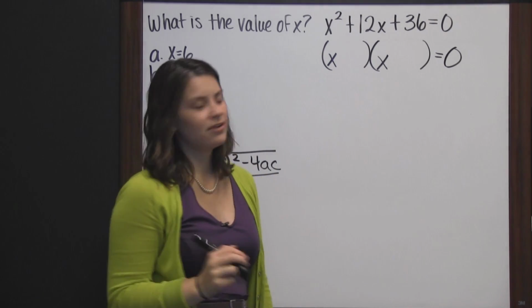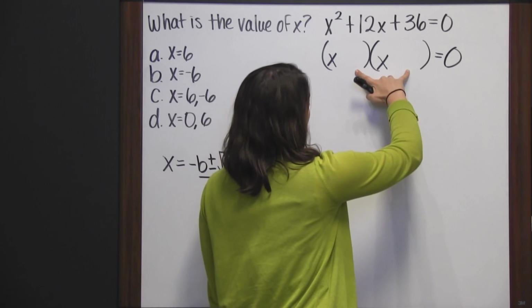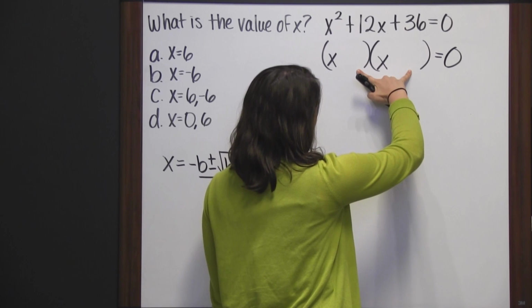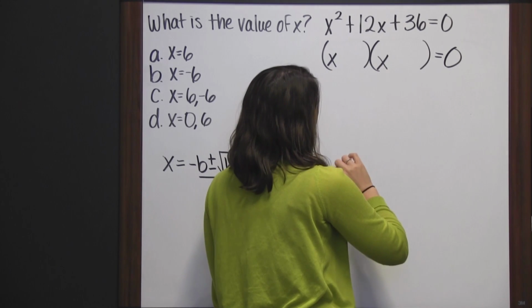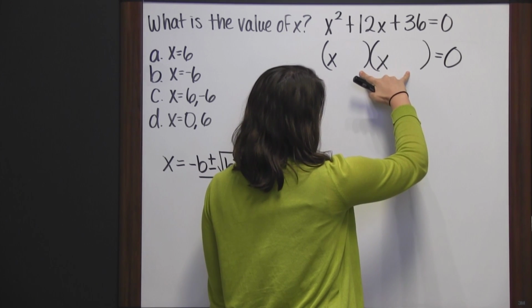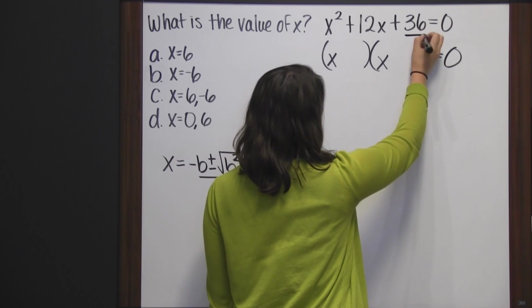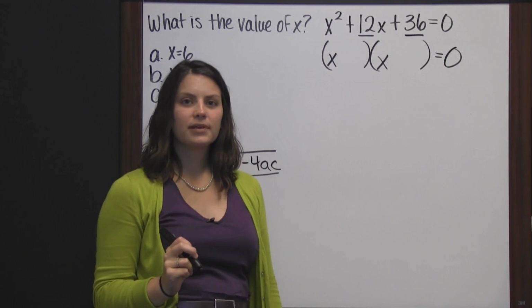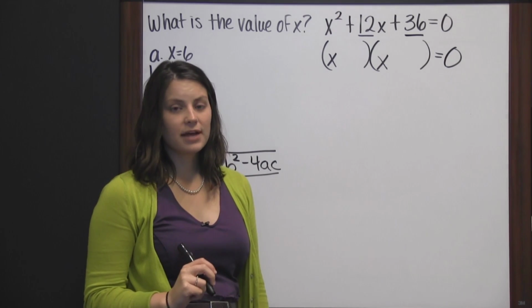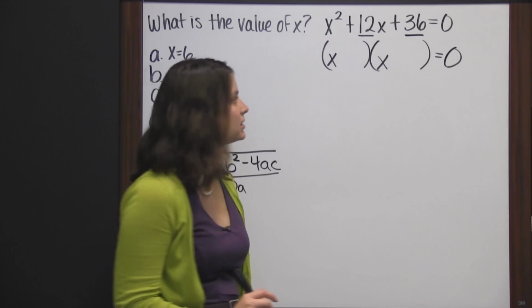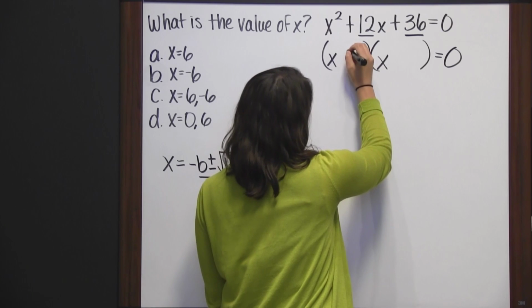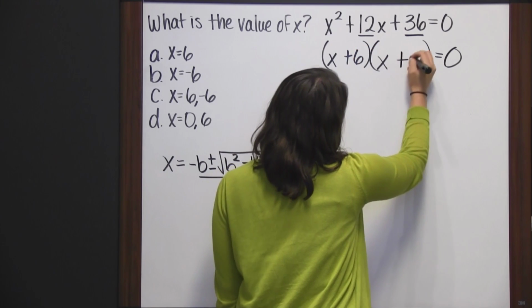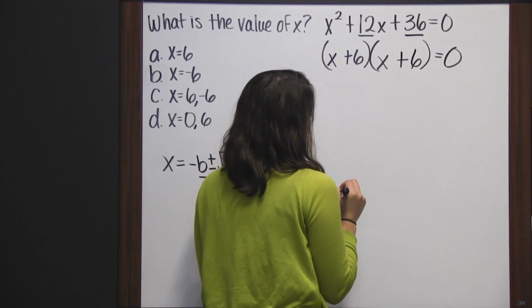What I need to find out is what my second numbers are in each set of parentheses. And these two numbers need to have a product of 36 and a sum of 12. And the only two numbers that have a product of 36 and a sum of 12 are 6 and 6.